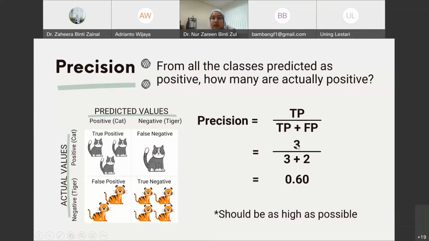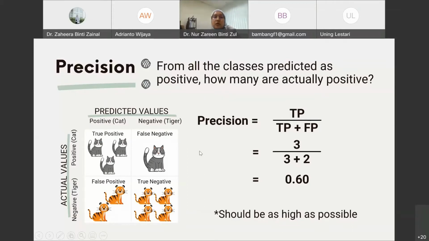So you got 3 here from this part, 3 cats, and then you get 5, the total of this column. So 3 over 5 is 0.6. So meaning that in this model, the precision is only about 60%.